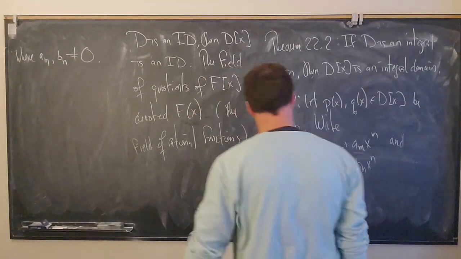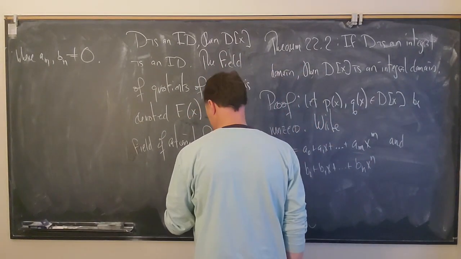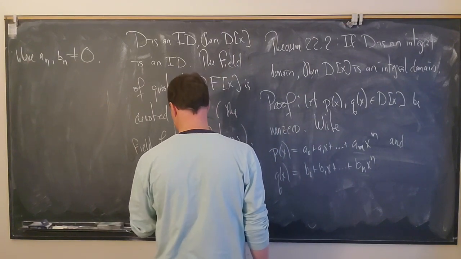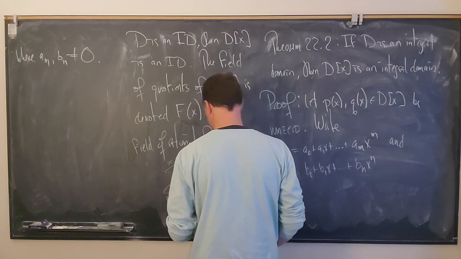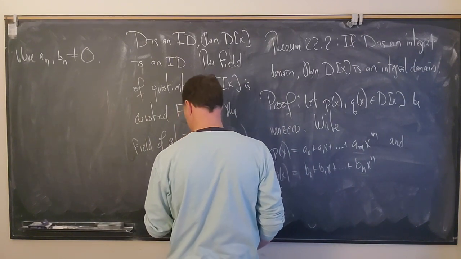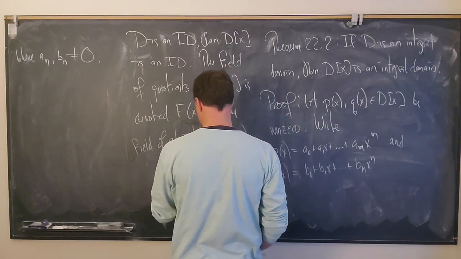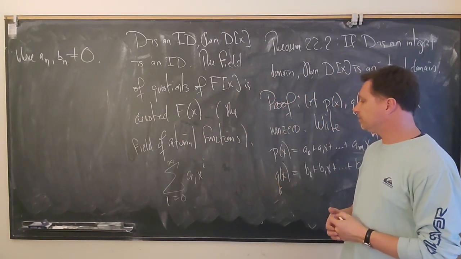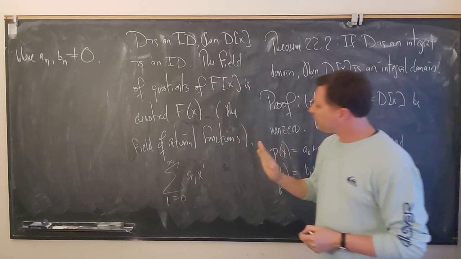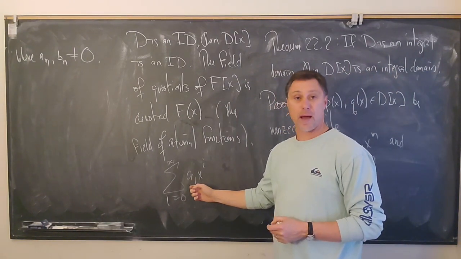Remember when we first wrote out the notation for a polynomial, I used this infinite series looking notation, the sum from i equals 0 to infinity of a sub i x to the i, where I then assumed that there are only finitely many non-zero a sub i's.